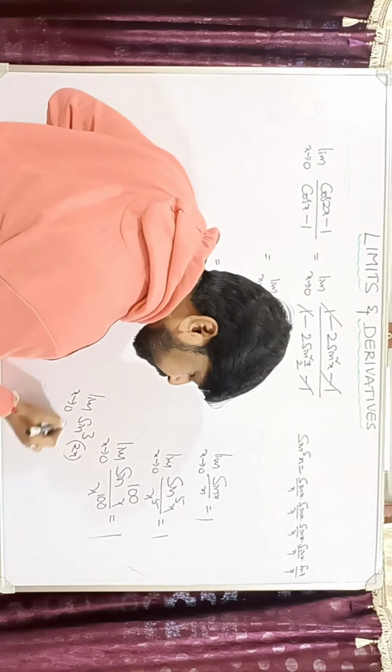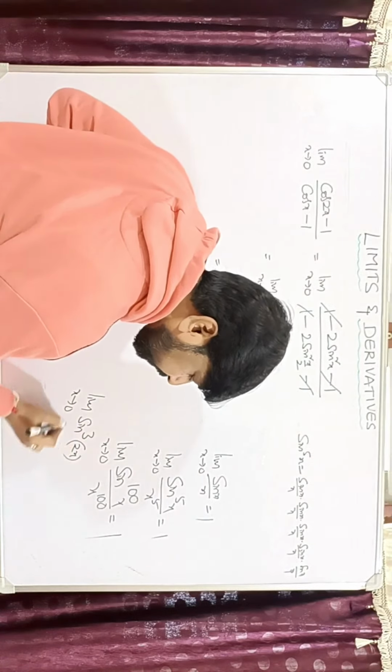Not only for sin, even for tan also: limit x tends to 0, tan square 3x is there. You want 3x whole square in the denominator, then only the result is 1. For example, limit x tends to 0, sin power 4 of 3x is there, and you have 3 cube x power 4 in the denominator.